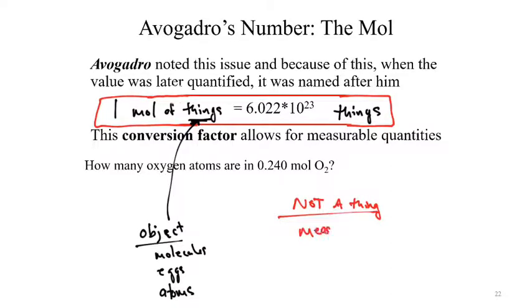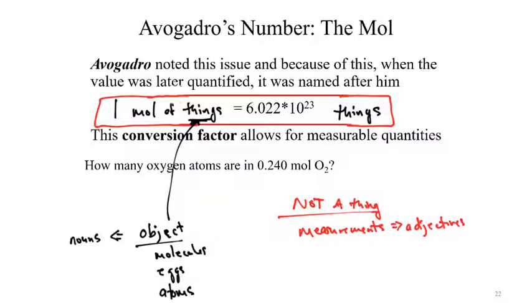Measurements. Measurements are not things. They are a measurement of a thing. They are a descriptor of a thing. If we consider measurements, they're almost like adjectives. And our objects are nouns. So when I'm thinking of a thing, it has to be a noun.